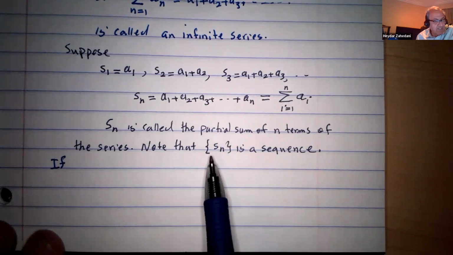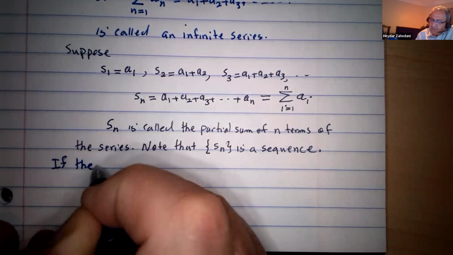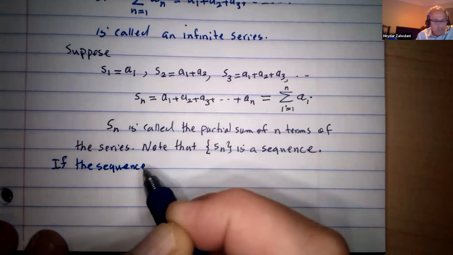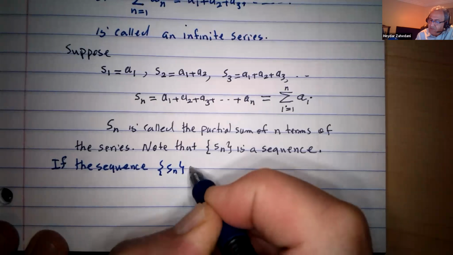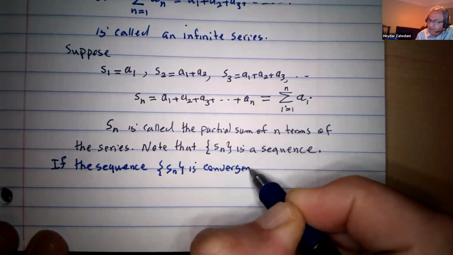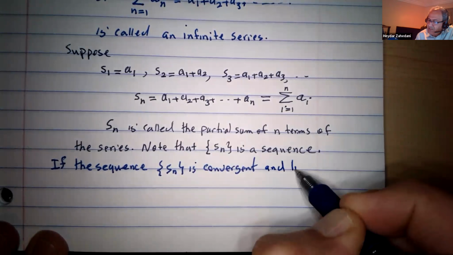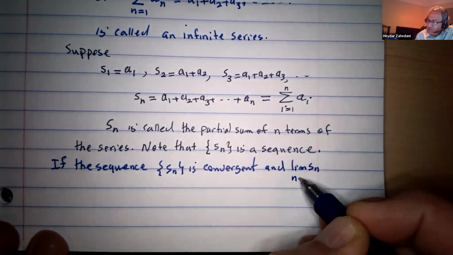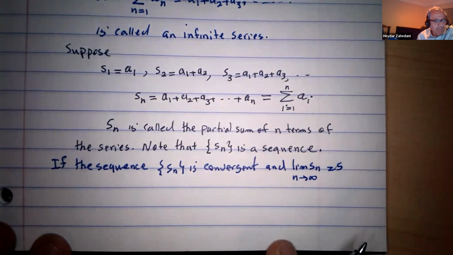If the sequence Sn, the sequence of the partial sums, is convergent, meaning you got the limit, and the limit of Sn when n goes to infinity does exist and is equal to S.